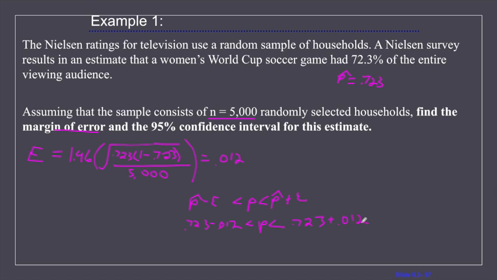So I have a 95% confidence interval that p is between 0.711 and 0.735. Okay? So we could convert these back to percentages. I am 95% confident that the true population proportion watching the Women's World Cup soccer game was between 71.1% and 73.5% of the population.